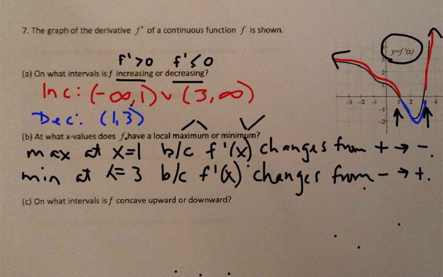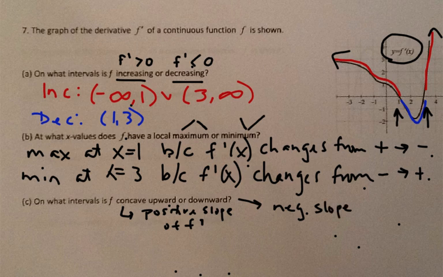So, concave up is going to be when I have a positive slope of f prime, and concave downward is when I have a negative slope of f prime.